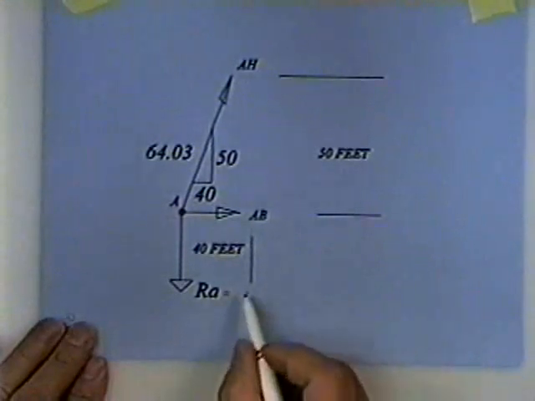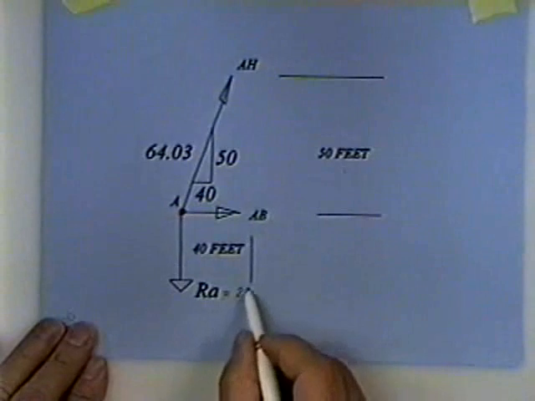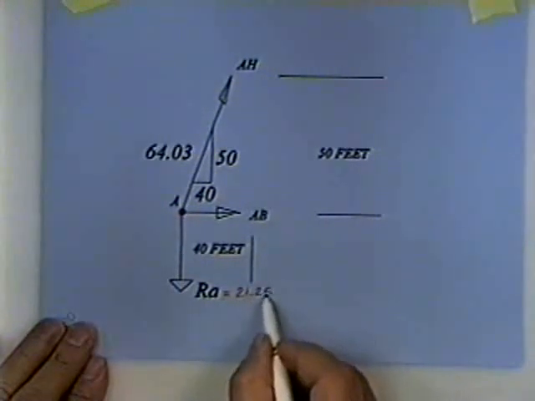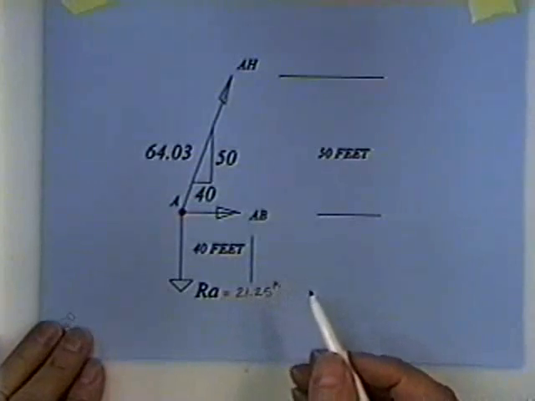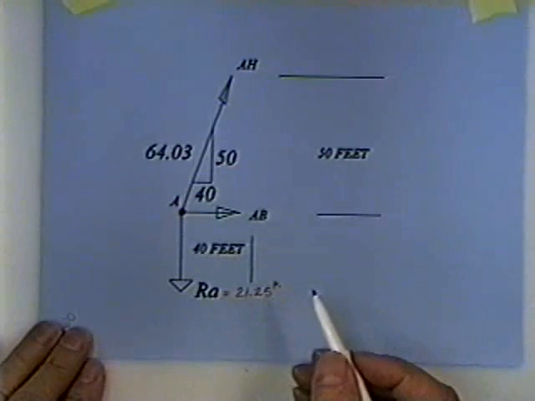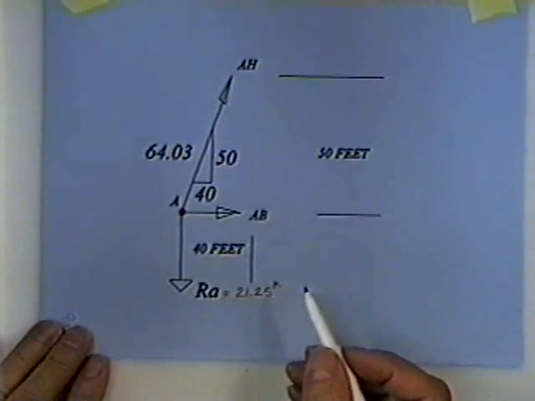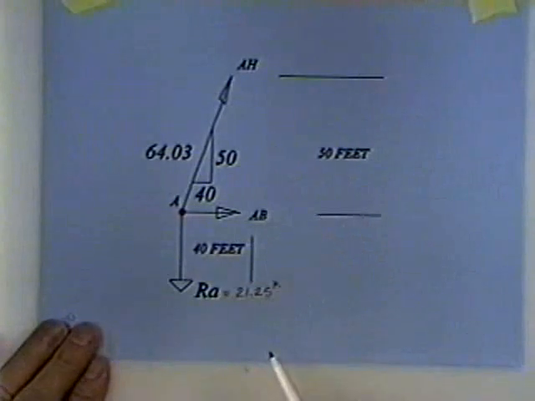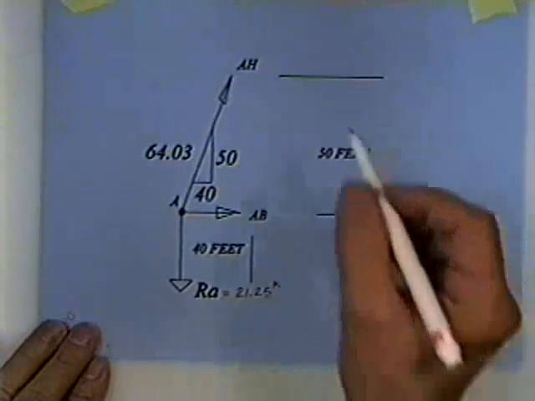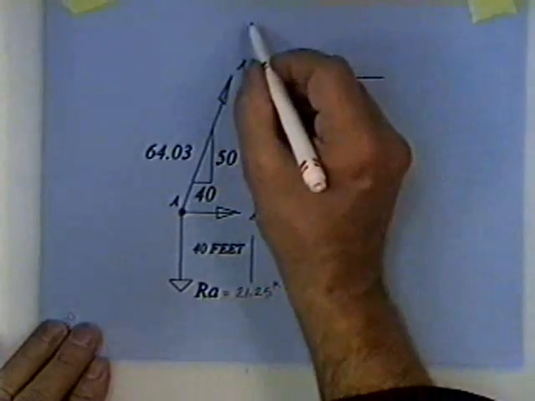The reaction at A, which has been found as 21.25 kips, and the force AB and the force AH, which are unknown. Now, this picture is called the method of joints because you isolated a single joint out of the structure. The method of joints is very limited.